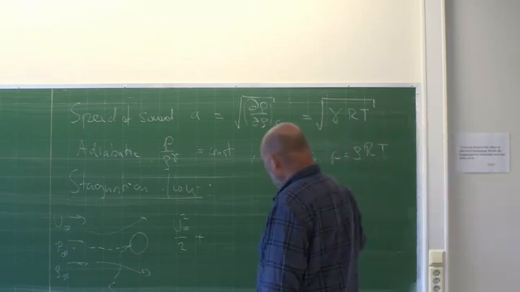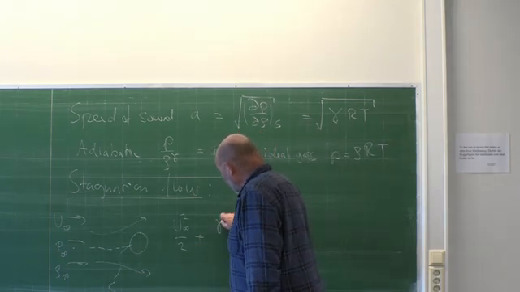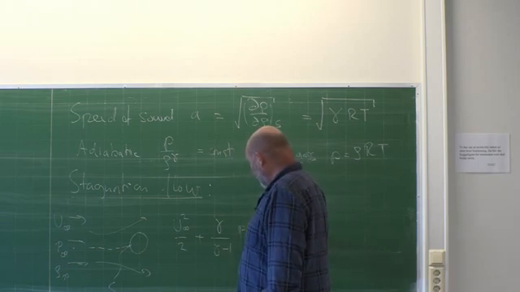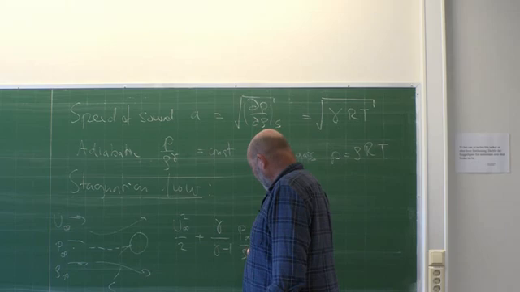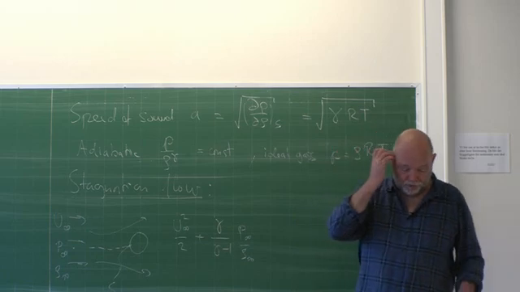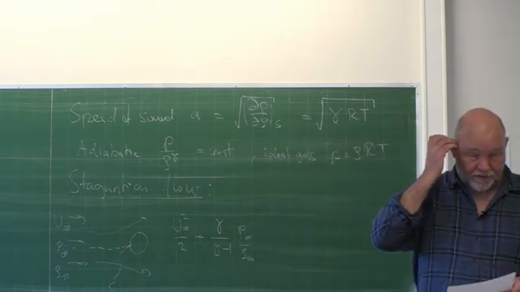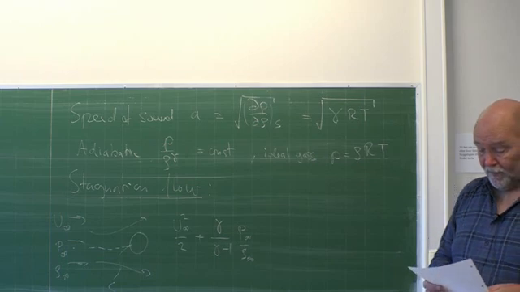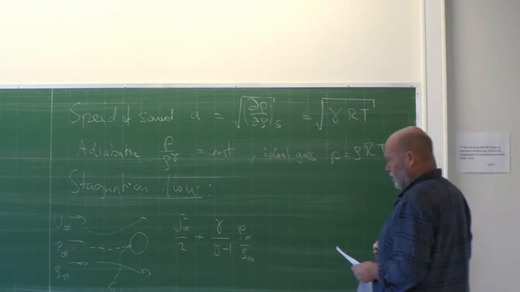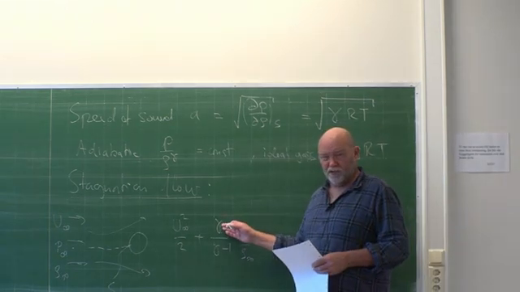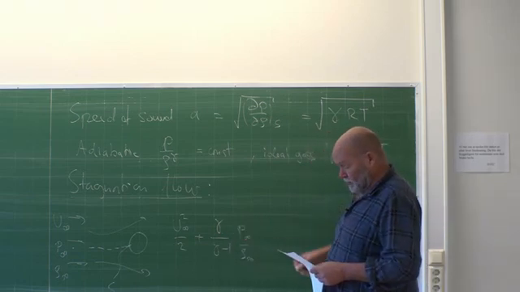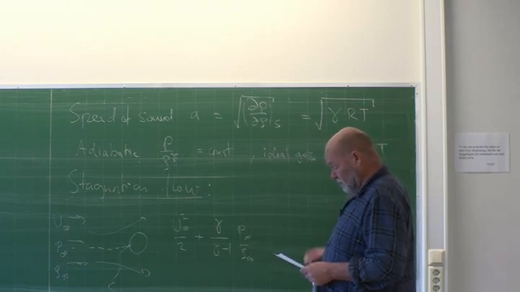But here we need gamma over gamma minus 1, pressure over density. Whether you use kappa or gamma, your choice. It's just a constant, the ratio between the heat capacities. For air, what was it, 1.3 or something like that, I think. No potential energy, so we skip that one.